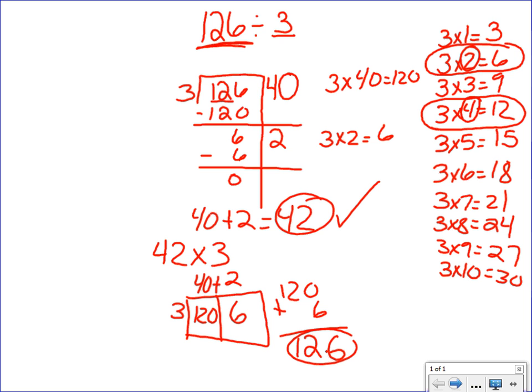Let's look at a little harder one though. Let's look at 436 divided by 5. So again, I'm going to come over here to the right-hand side, and I'm going to list all my multiplication facts for 5 up to 10.